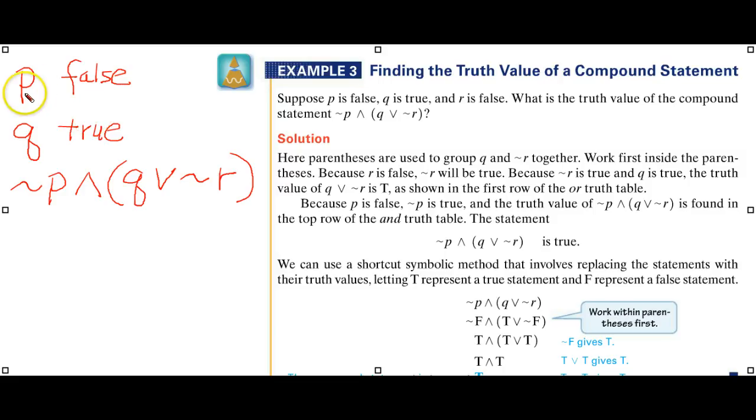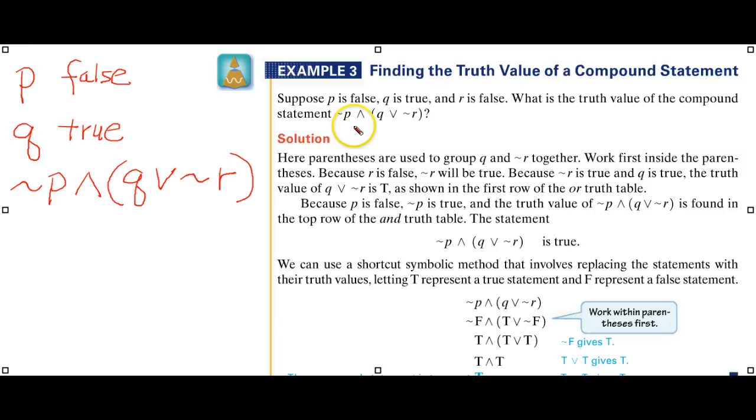So we're saying that P is false and Q is true. And they're asking us this statement: the negation of P, or not P, and then in parentheses, Q, the inverted caret, or, the not R, or negation of R, whether this is a true statement.